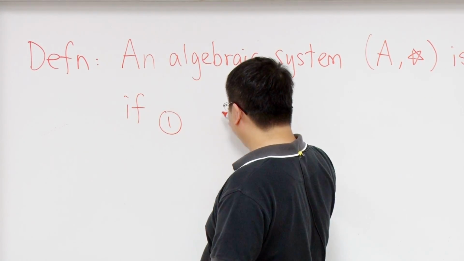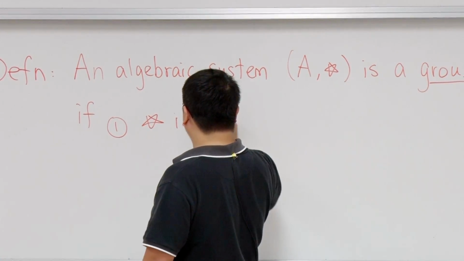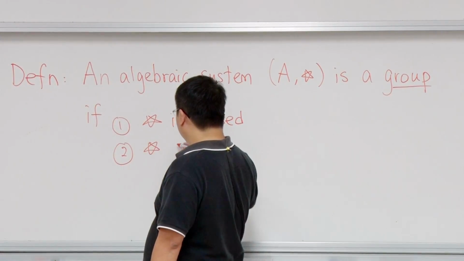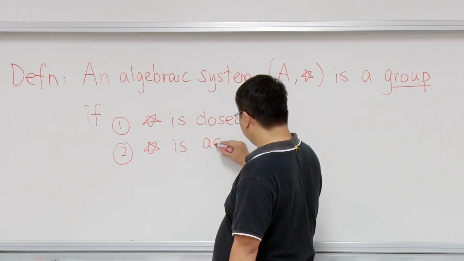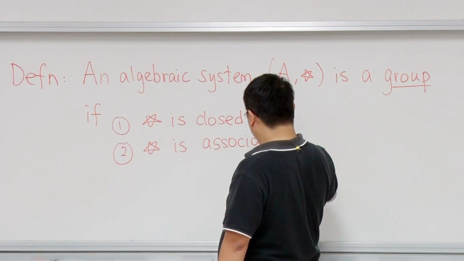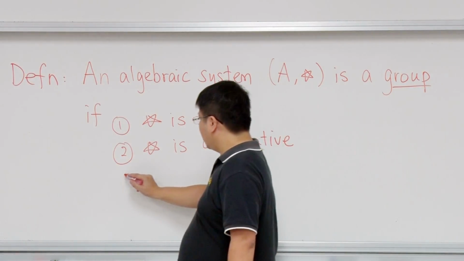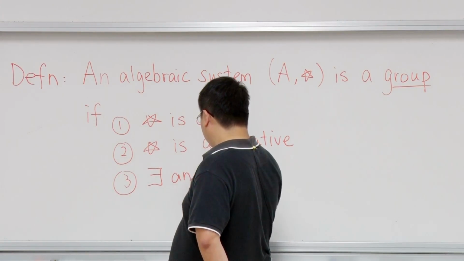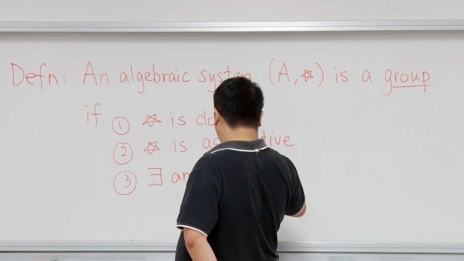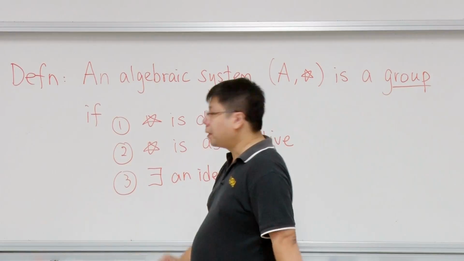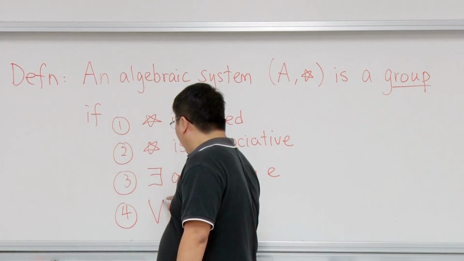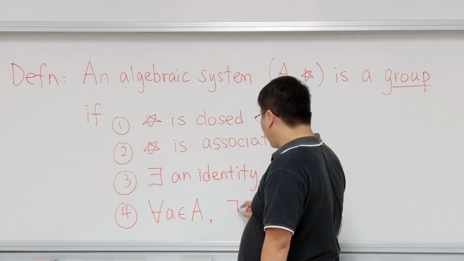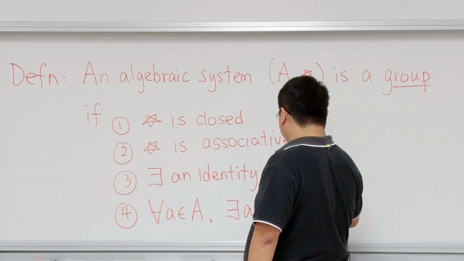First of all, star is a closed operation. Star is associative. There exists an identity, let's say E, and for every element A in A, there exists a left inverse.